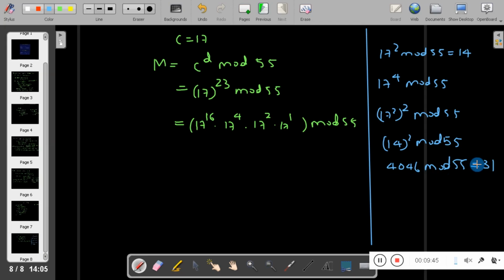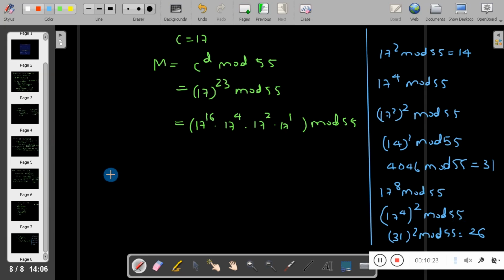Now we need to calculate 17 raised to the power 8. So 17 raised to the power 8 mod of 55, you can write like 17 raised to the power 4 raised to power 2 mod of 55. 17 raised to 4 is 31. 31 raised to power 2 mod of 55 gives the answer 26.